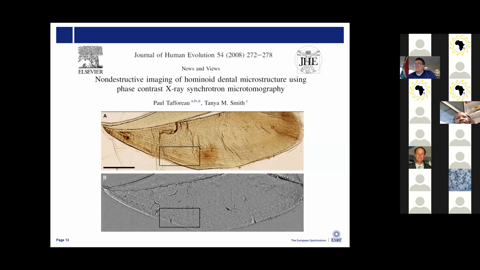When you compare the two, this is the histological section from the microscope, at about 30 microns. And below, this is the tomography at the same position where the histological section was obtained. One can see the accuracy that you can get from virtual histology.